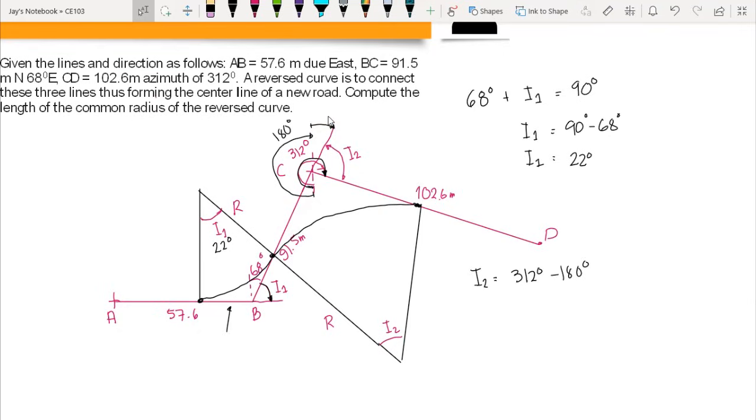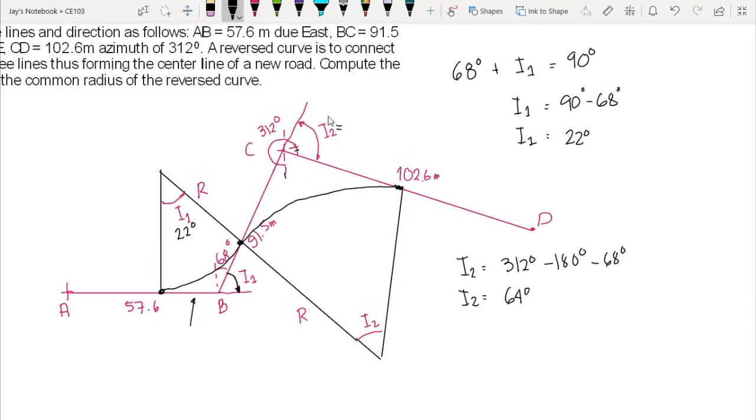So this one is also 68 degrees. So we have minus 68 degrees, and the remaining angle would be this one, which is our I2. So therefore, our I2 is equal to 64 degrees. So the angle here is 64 degrees as well as the angle here.